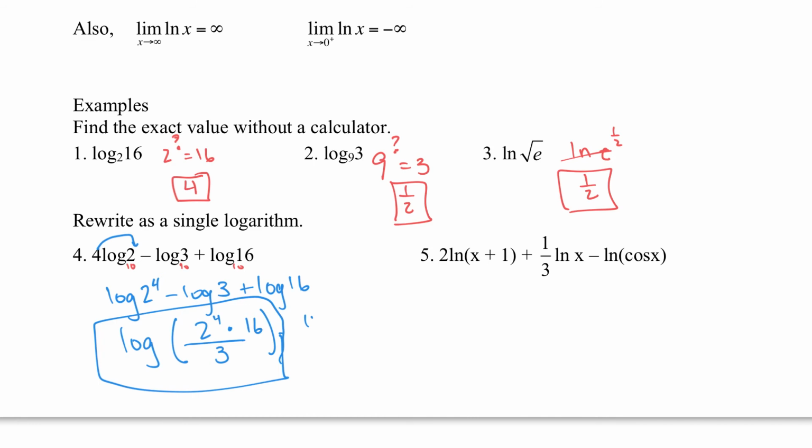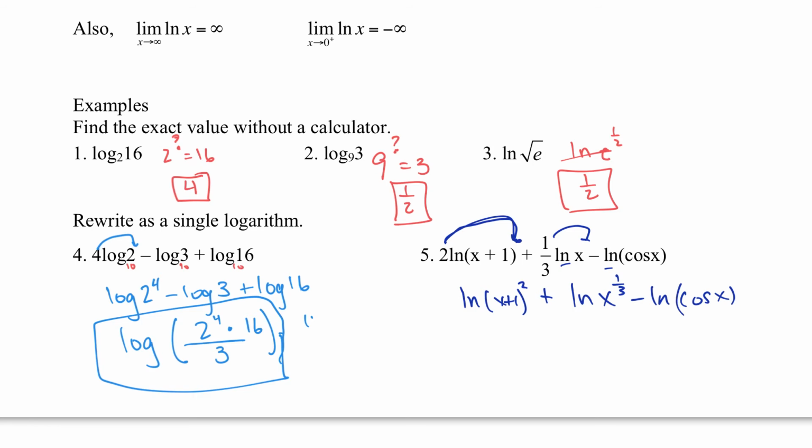Very similar over here, but I'm dealing with ln's, so I need to keep it all in terms of ln. So this comes up here. ln x plus 1, this is the rule that I can use, I could put this up top, so that would be squared. Plus, I'm going to do that again here, ln x to the 1/3 minus ln cosine x.